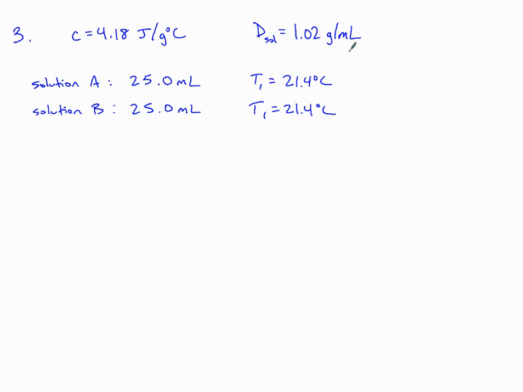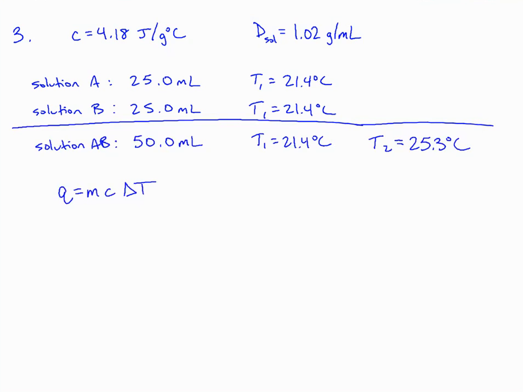Both of these solutions are initially at the same temperature, 21.4 degrees Celsius. So probably what happened is that they left these two solutions on the counter overnight and let them come to temperature with the room. This is probably the temperature of the room. This is pretty typical. 20, 21, 22 Celsius, typical room temperatures. Here's what's going to happen.